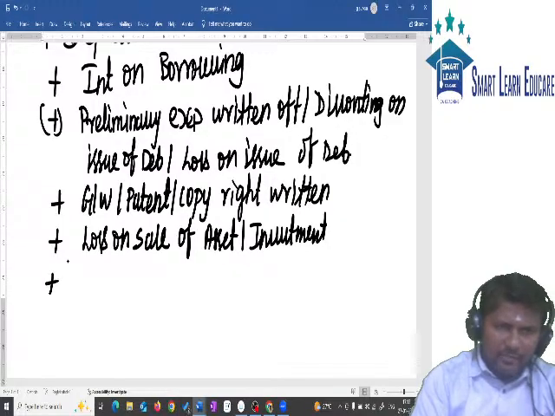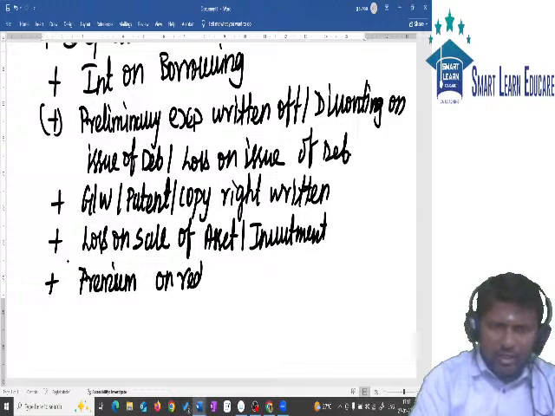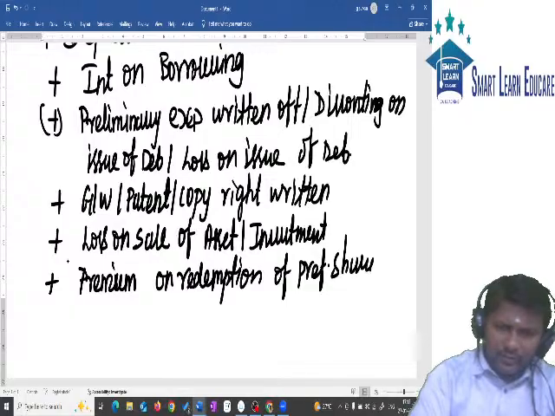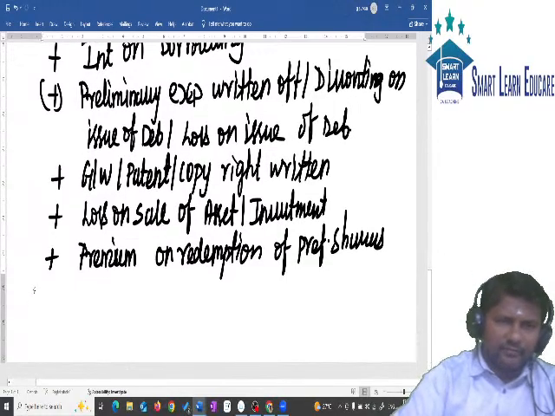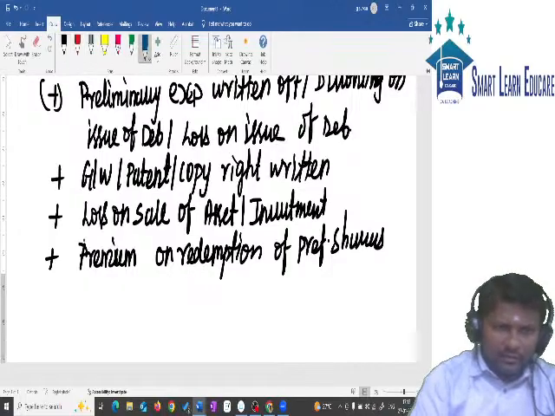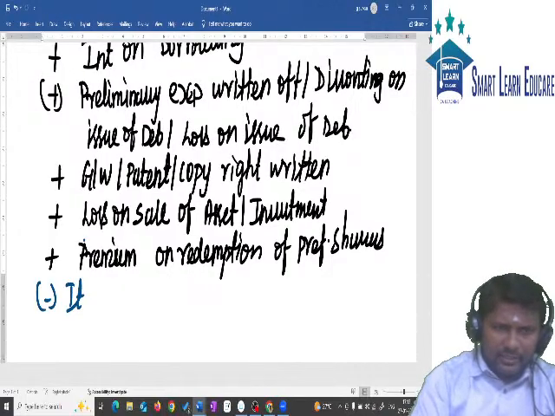Also, we should add back premium on redemption of preference shares, as it is a loss. Certain things are to be deducted. Heading: less items to be deducted.